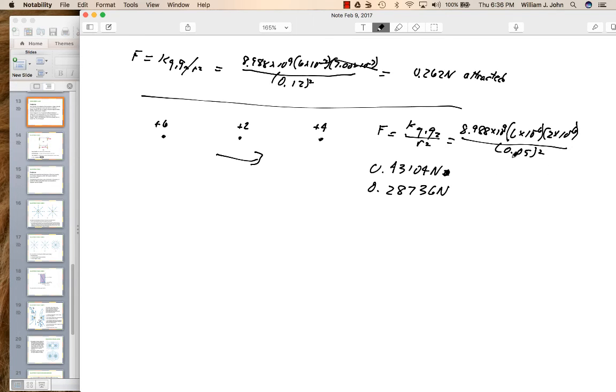And that's going to end up giving you this number. The second calculation, you just change this to 4 and you get this number, and then you just subtract the 2. And when you subtract the 2, you get 0.144 newtons, and the direction here is going to be away from the 6 microcoulomb charge.